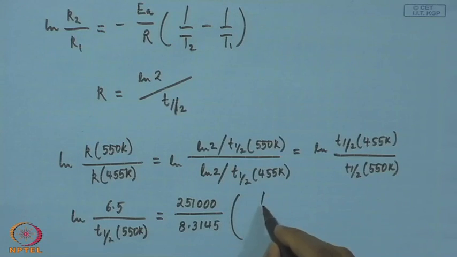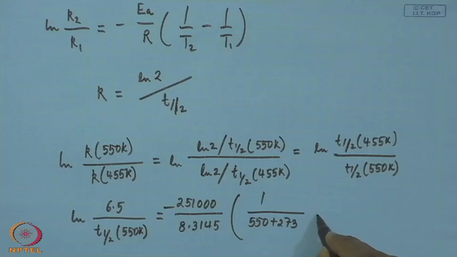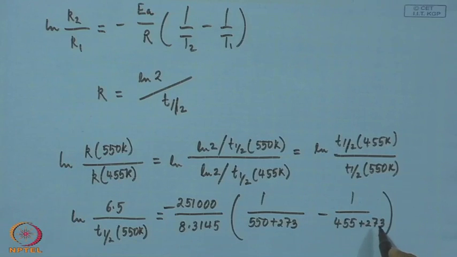Of course with a negative sign, 1 by 550 plus 273 minus 1 by 455 plus 273, because we are converting the temperature from degree centigrade.